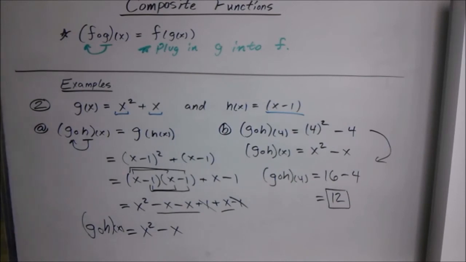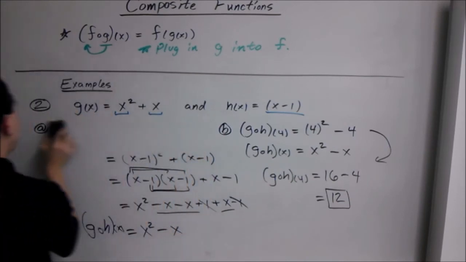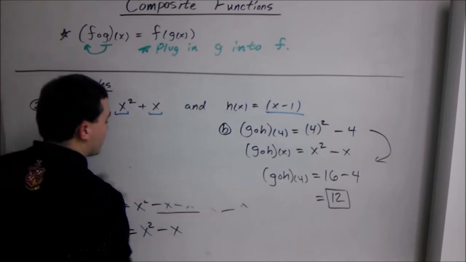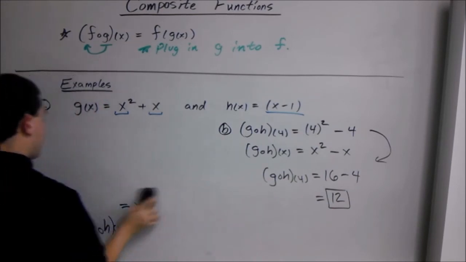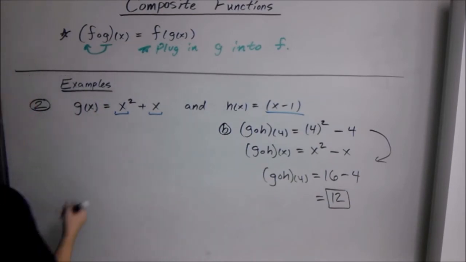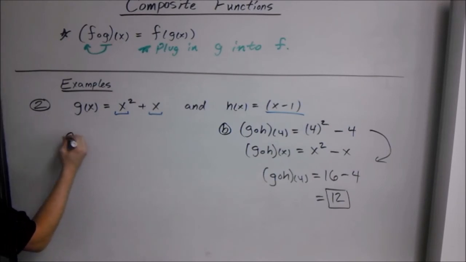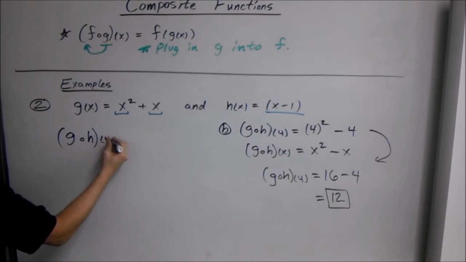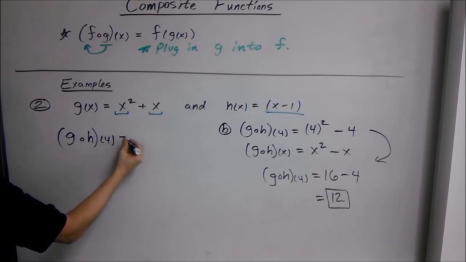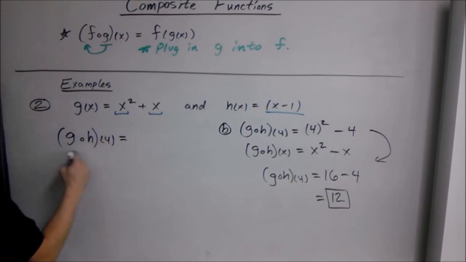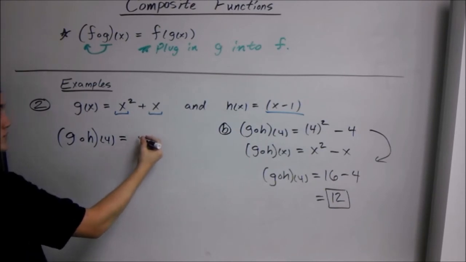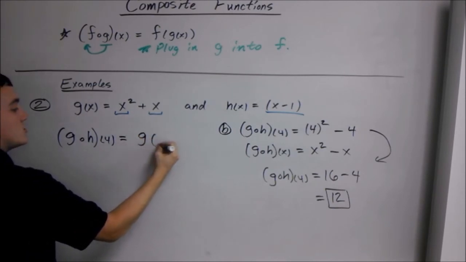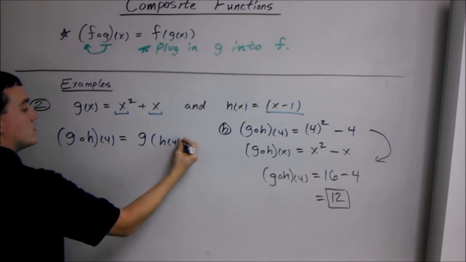Now there is another way of doing that, which I'm going to show you. So another way of doing g of h of 4, well, we know we could write it the same by doing this, g of h of 4.